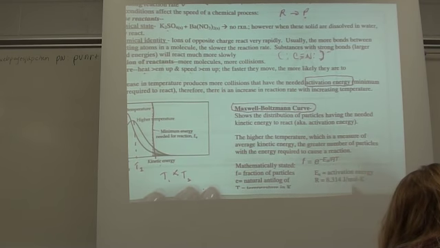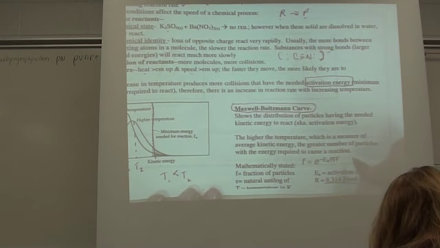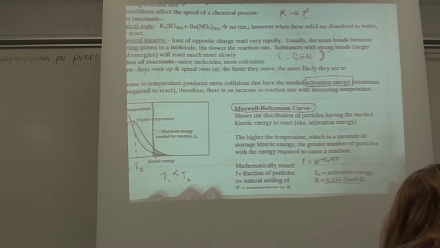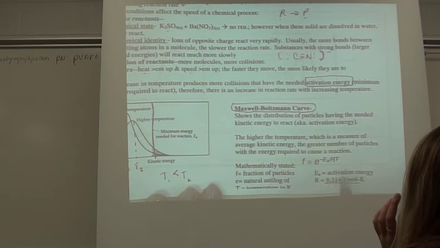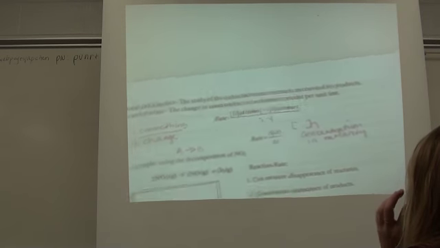R is the big gas law constant. And T is the temperature in Kelvin. My guess is you need to be able to talk about the frequency of particles. You might, if the gods are not smiling on you, have to solve this, but I don't really think so. I think what we just talked about would be sufficient.